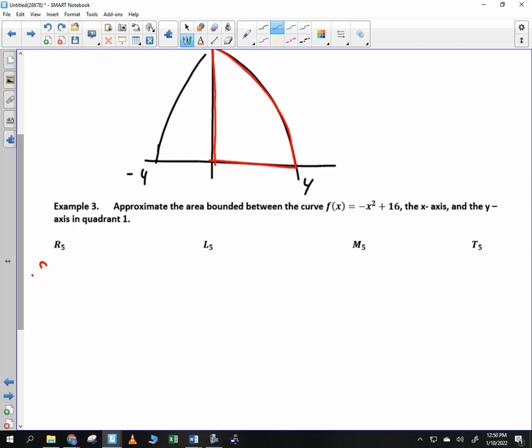So I have 0.8 times the sum of the heights. Now, what's always important is to figure out where are we going to evaluate the heights. If this is 0, then what's this spot right here? 0.8, then 1.6, then 2.4, 3.2, and all the way over to 4.